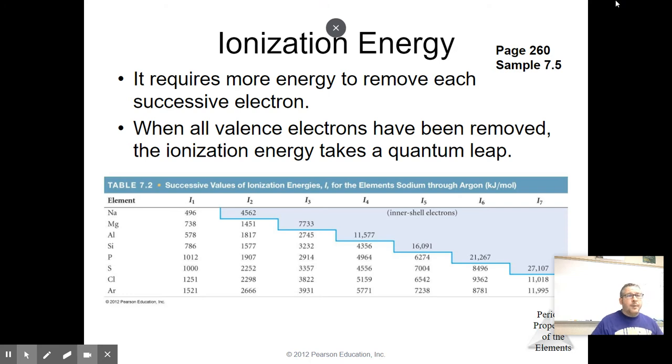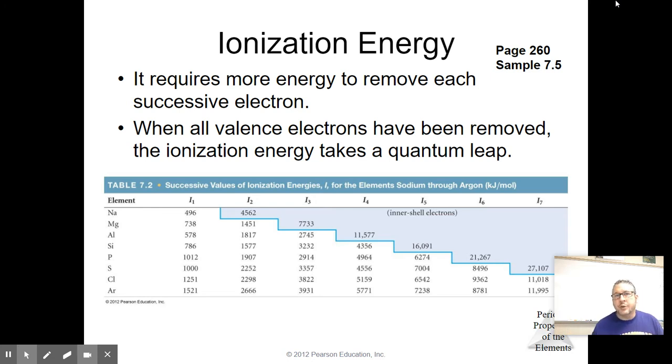Every time you remove an electron, it requires more and more energy to remove the following electrons. That's because as you are removing your first electron, you now have an imbalance of protons to electrons. You now have a greater number of protons, which are going to have a strong grasp on those valence electrons.